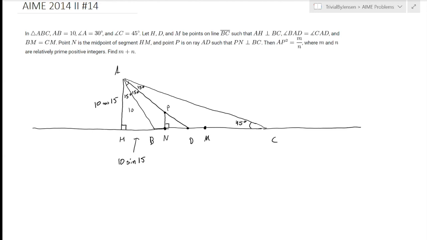We note that triangle HAD is similar to triangle NPD. So we can set up some side ratios involving AP, and that will definitely help us solve for the value of AP if we can calculate the rest of the values. So let's go ahead and do that.